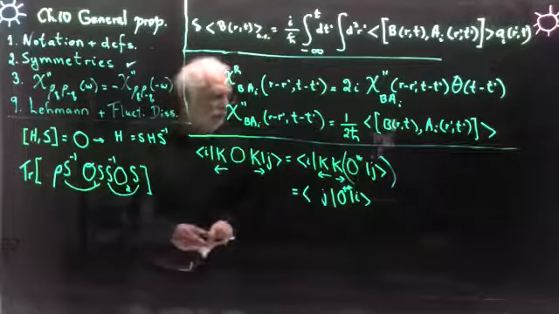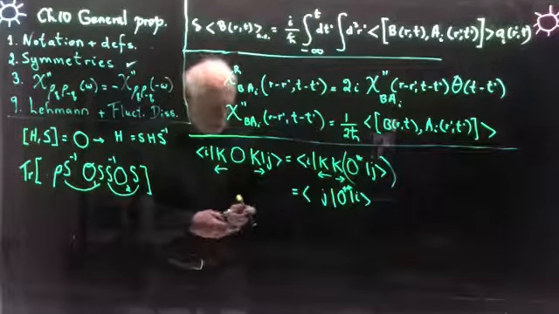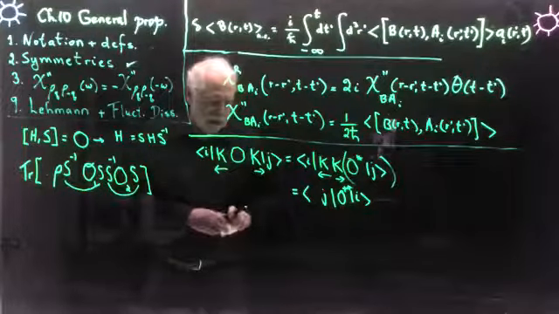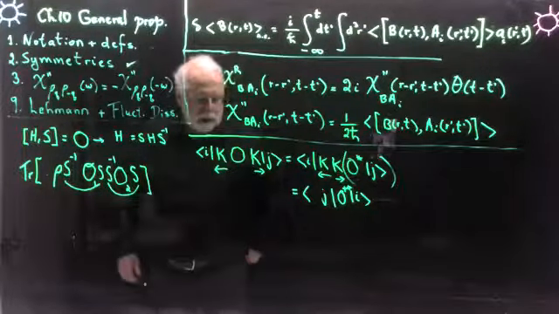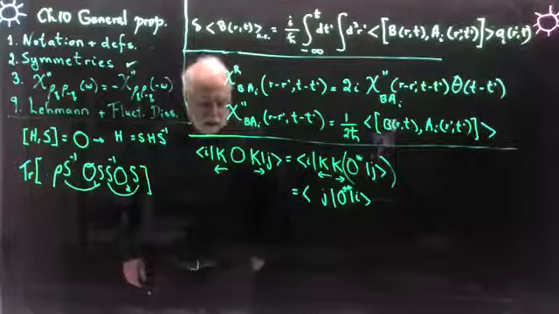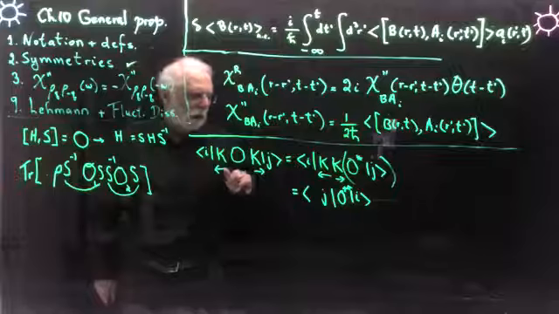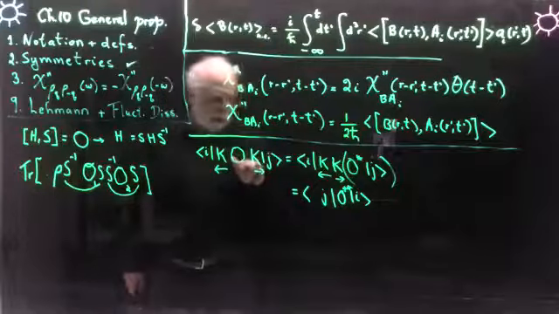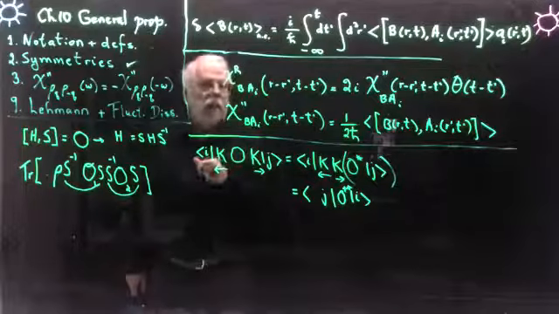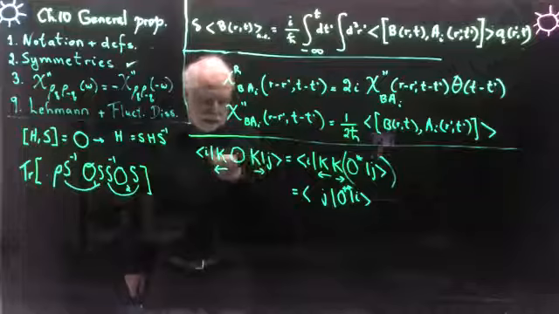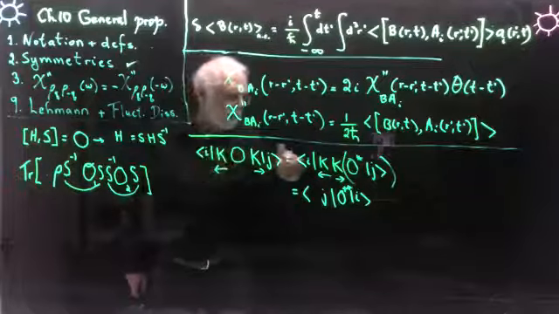Sorry, I have a question. Why is it that we can permute K and O? I'm doing the time reversal symmetry operation by acting on the wave functions, taking the complex conjugate of this and the complex conjugate of that.